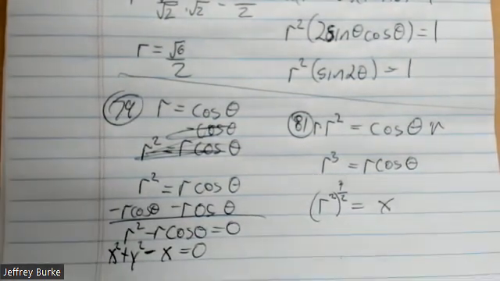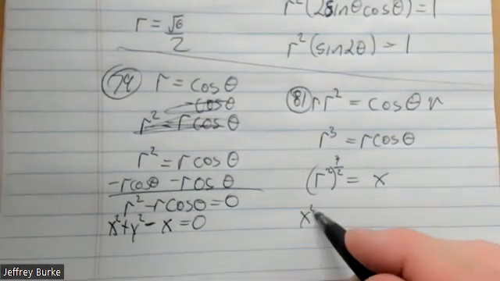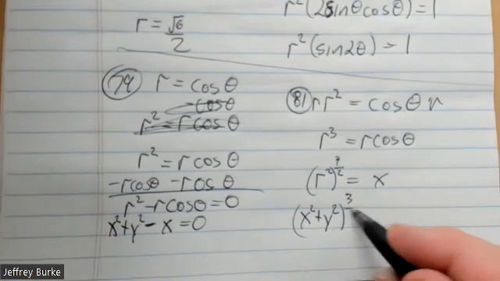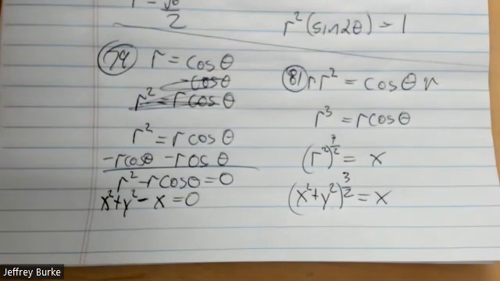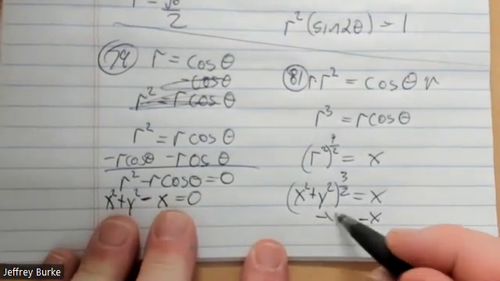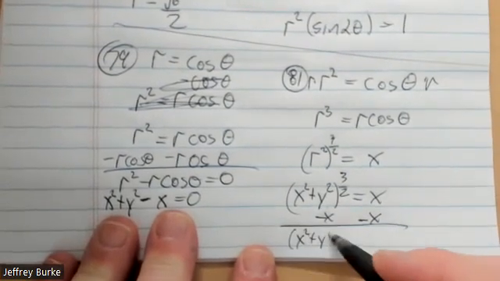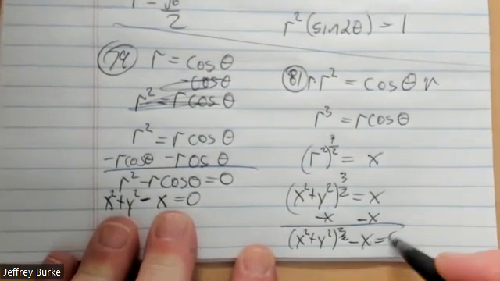It's equal to x. Now, what's r squared equal to? It's equal to x squared plus y squared, to the 3/2 equals x. And finally, if I subtract x from both sides, I get x squared plus y squared to the 3/2 minus x is equal to 0.